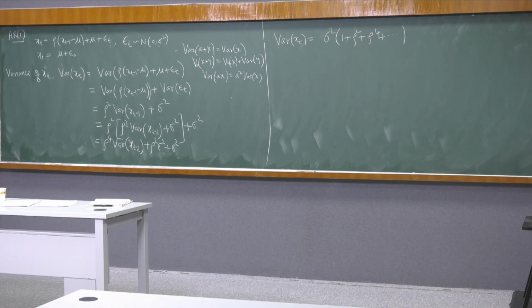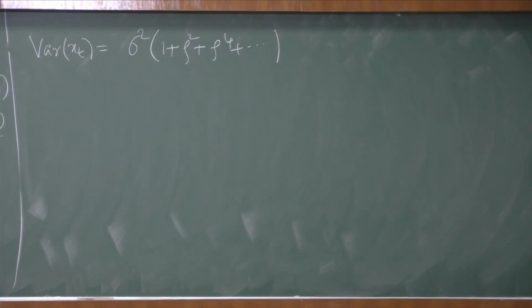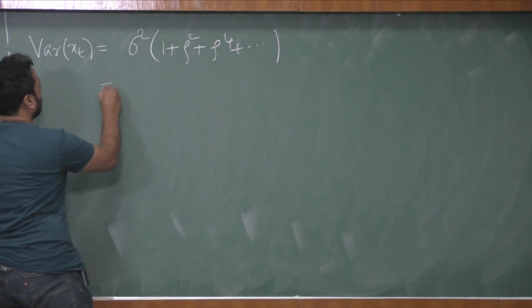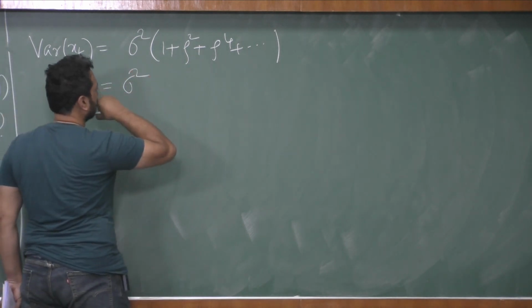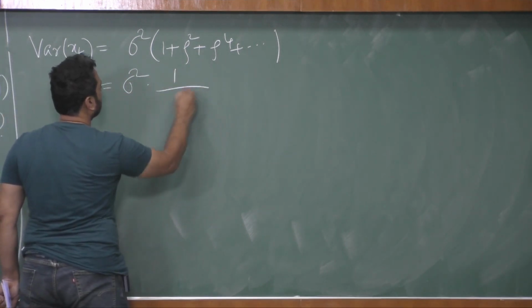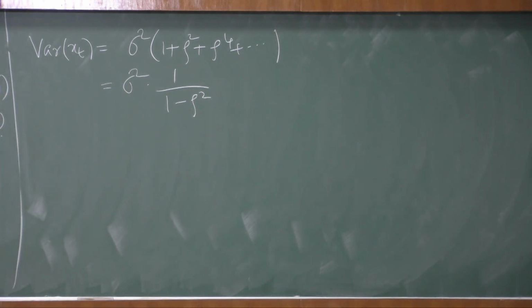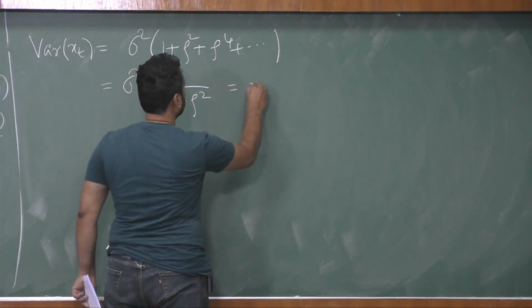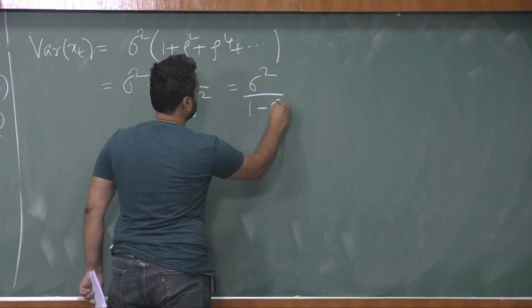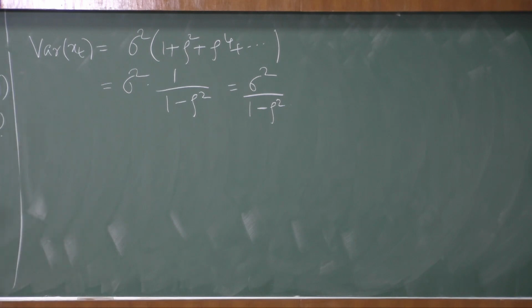So in this case, this is of the form sigma squared, and this is a geometric sum, so times 1 by 1 minus the common factor. Hence the variance of xt will settle down to sigma squared divided by 1 minus rho squared.